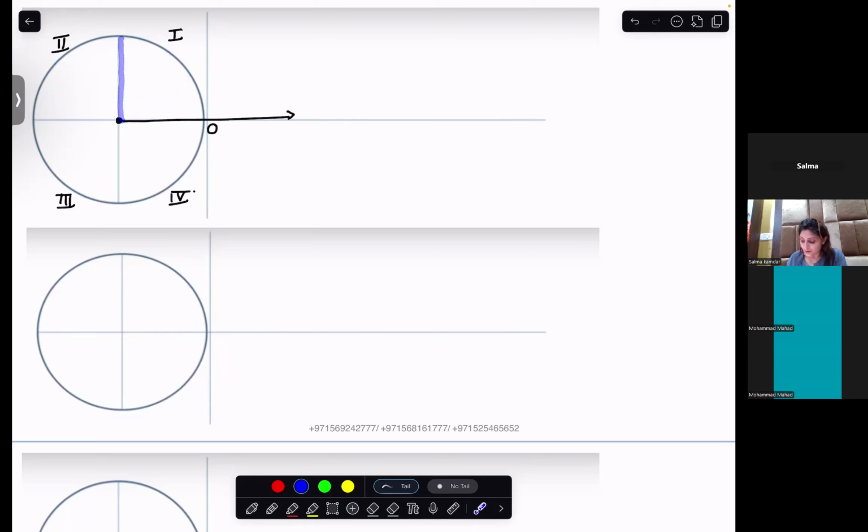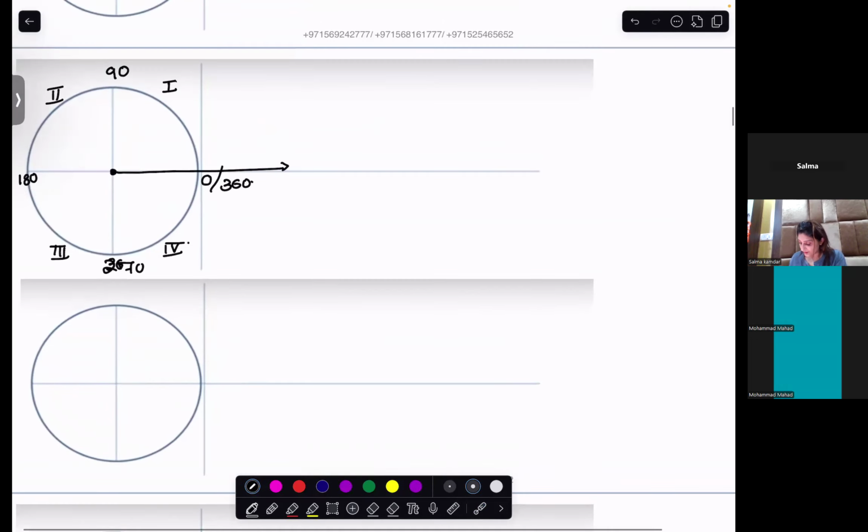If I have it over here, this will be 90 degrees. So this is 0. What will this be? 90. What will this be? 180. What will this be? 270. What will this be? 360.